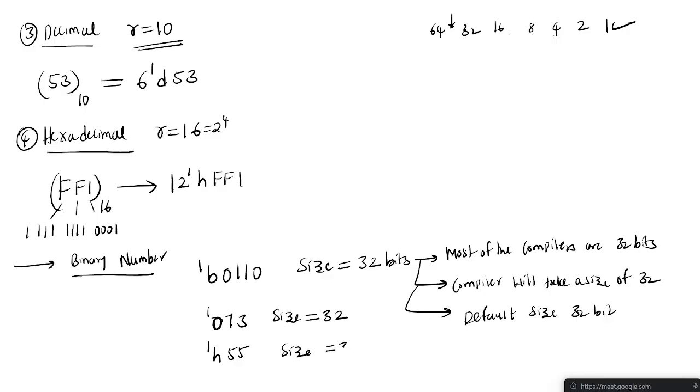Same, 32 bit. Now suppose I give 0 1 here. I have not mentioned the size and base. How will the compiler take it?